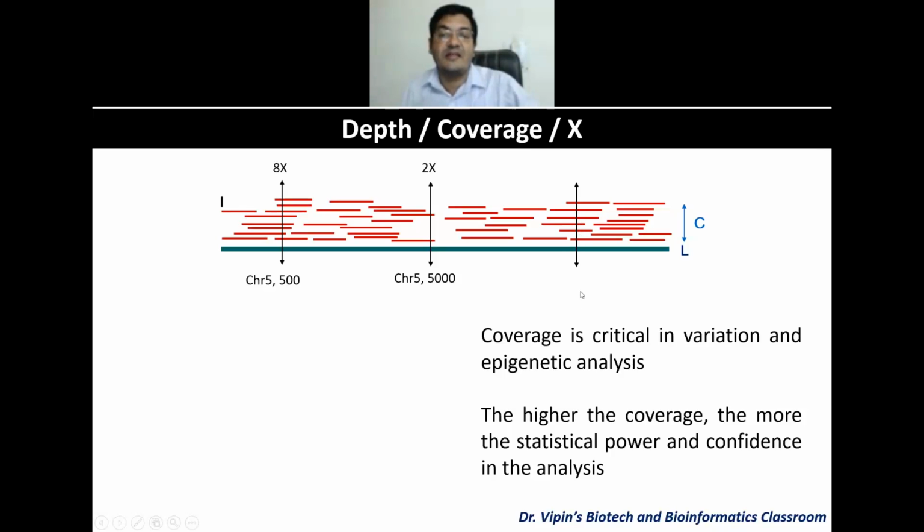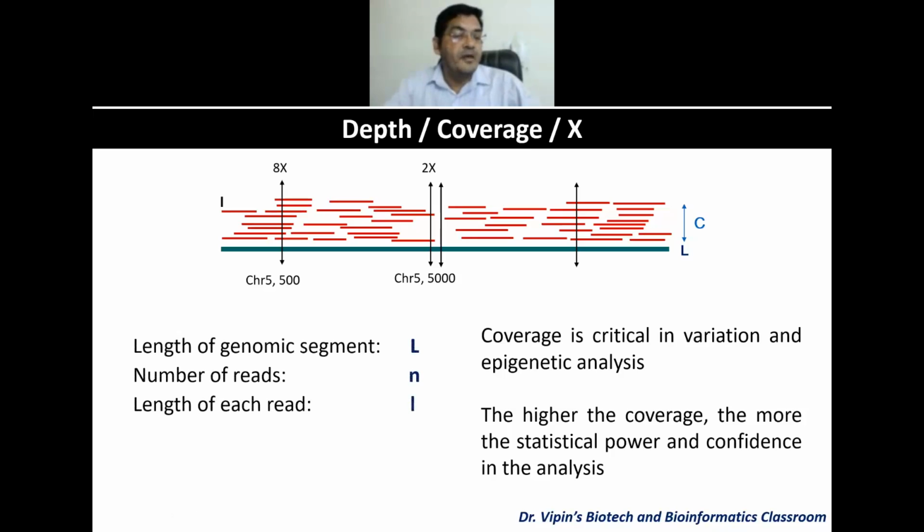So this would be 6x. And then of course here there is no coverage, so there is no read aligning at this point. So you will have a gap in assembly. You'll have all these reads joined together into one contig, all these reads joined together into a second contig, and a gap in between. So this is what you have.